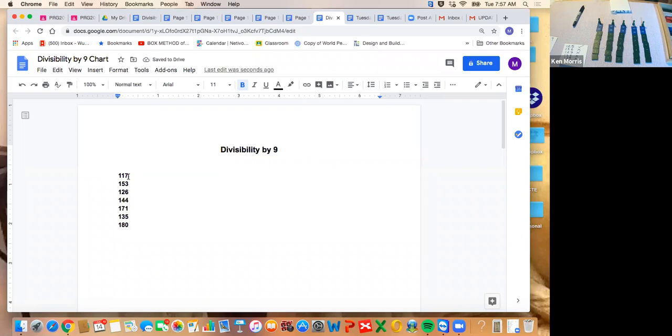I'm going to add the value of the digits of 117. So that would be 1 plus 1 plus 7, and that equals 9, of course.